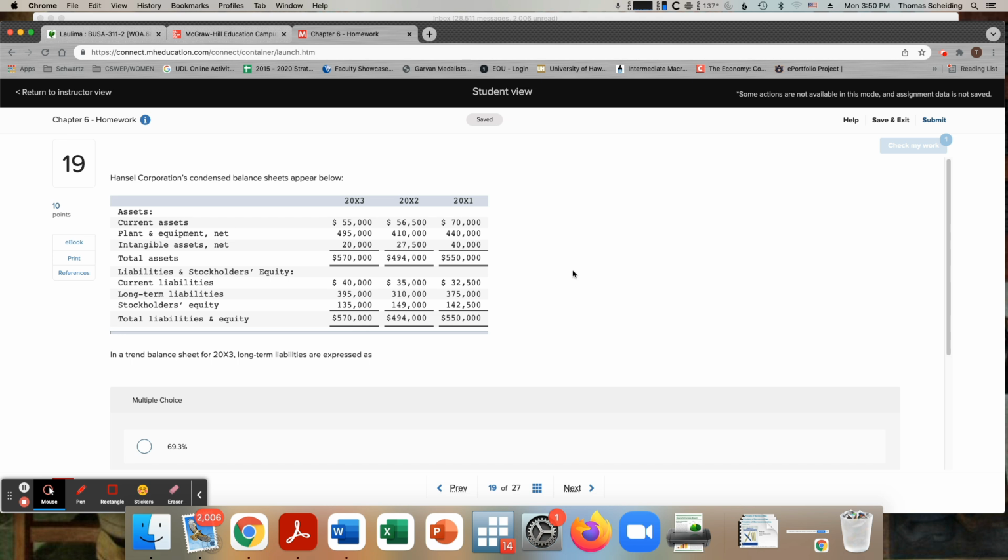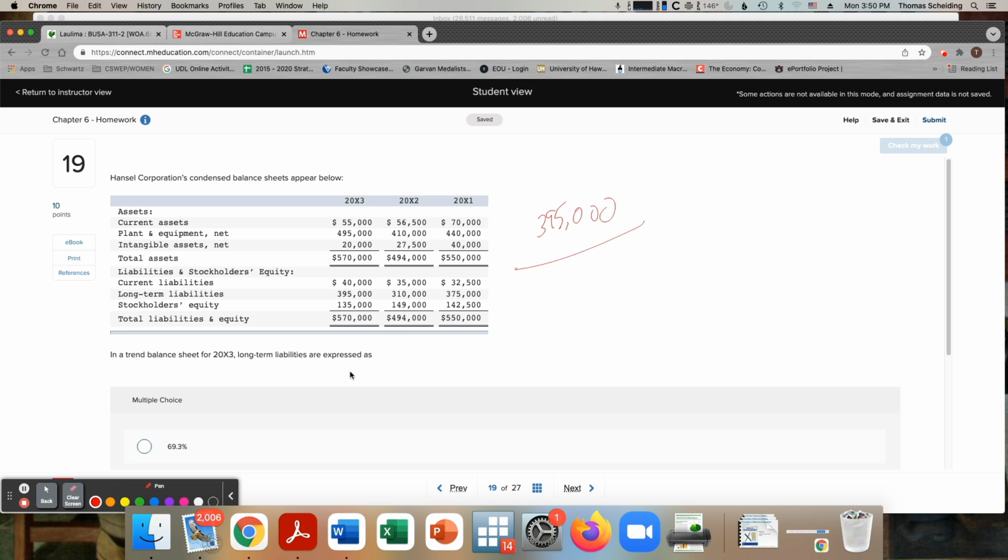Now we need to look at the long-term liabilities for Hansel Corporation. Our long-term liabilities in 20x3 are 395,000.